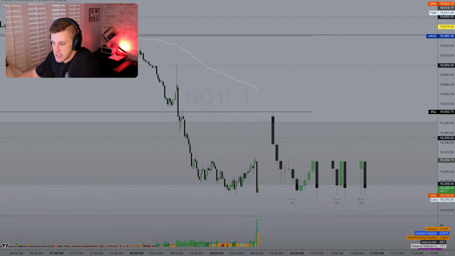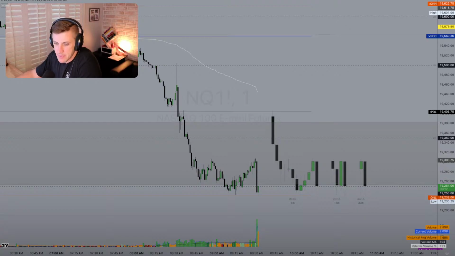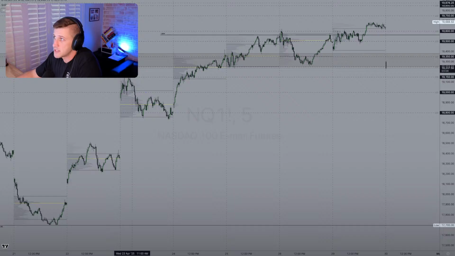If we do end up seeing that higher time frame acceptance beneath 250, that'll be a higher time frame near term range breakdown, right? So let's see how these first 5 minutes are going to look. Gap rules definitely apply.